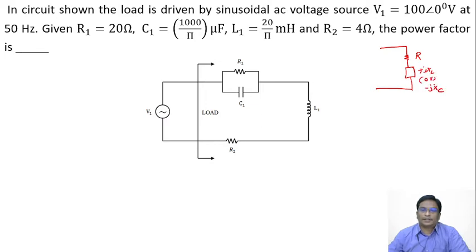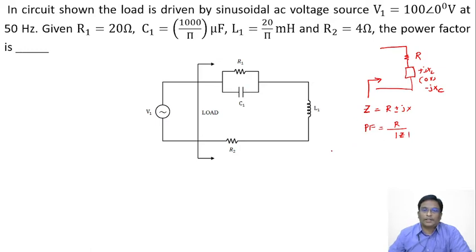How is the power factor defined? The contribution of resistance to the total impedance is the power factor. If it is an inductive load, the power factor will be lagging. If the load is capacitive, the power factor will be leading. Time being, what you require to do is just simplify this network.